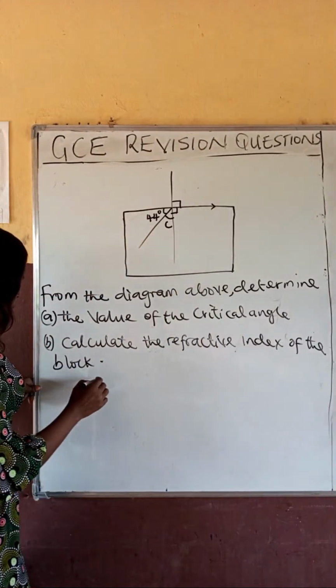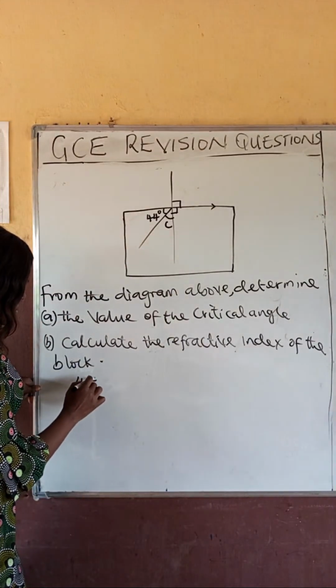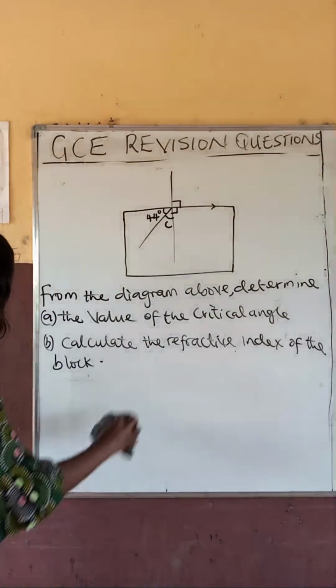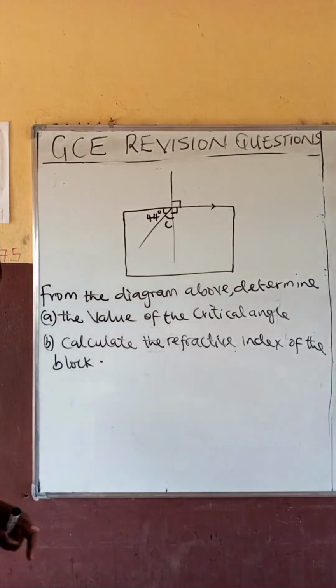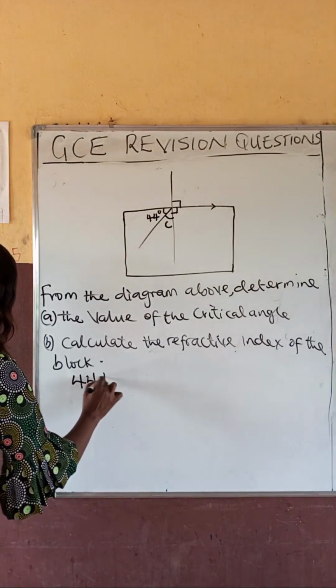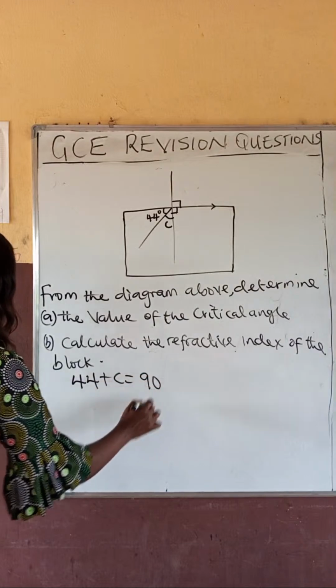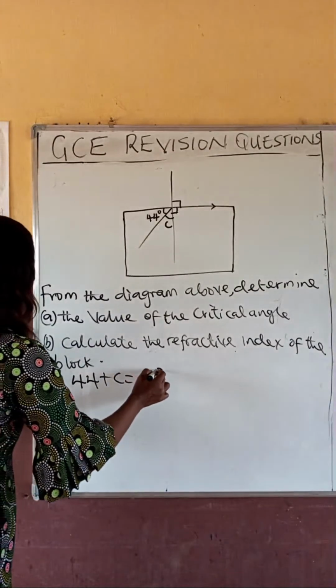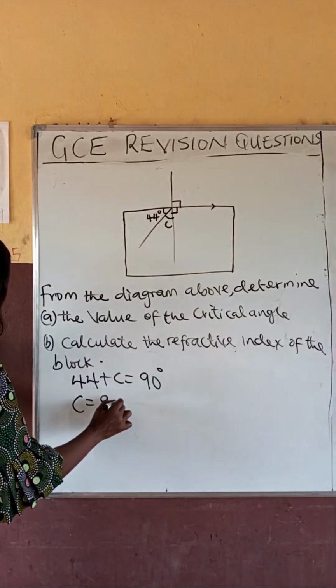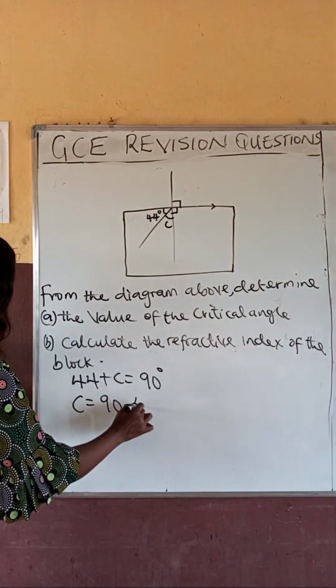So we go by saying 44 plus C is equal to what? 90 degrees, right? Now, the critical angle, which is C, is equal to 90 minus 44.